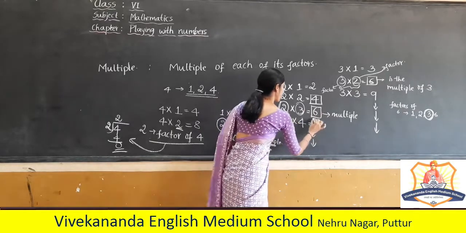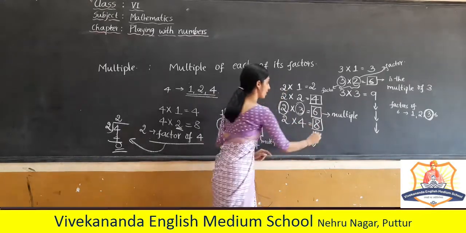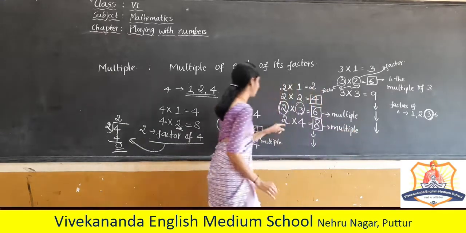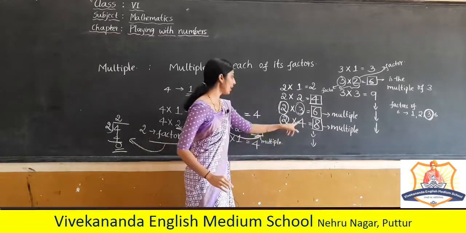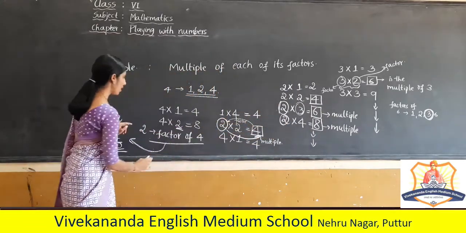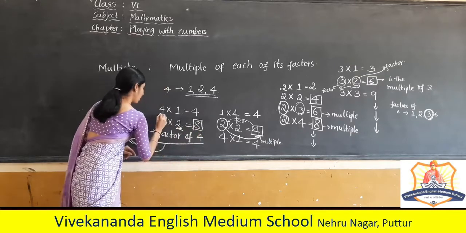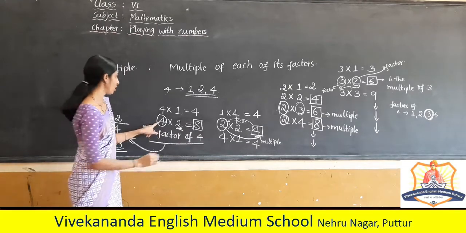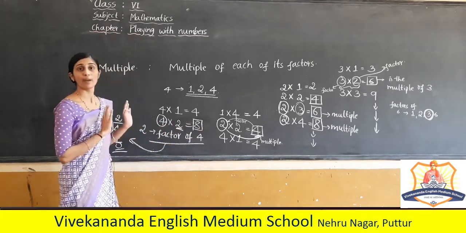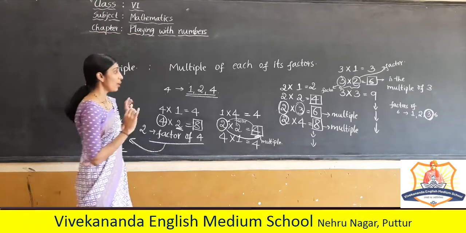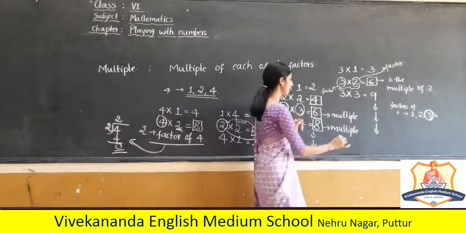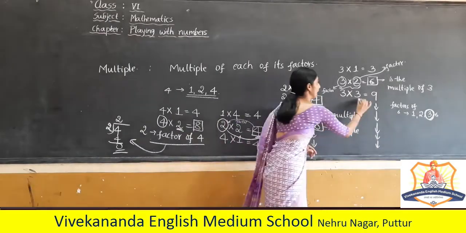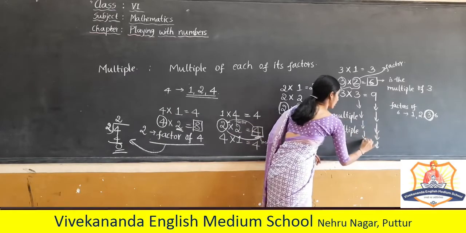If I consider number 8, number 8 is a multiple of 2 as well as a multiple of number 4. Did you get it? So, this is the link between multiples and factors. But if I consider only the multiples, the numbers go on increasing to the next level.